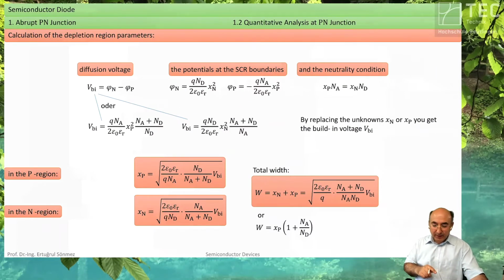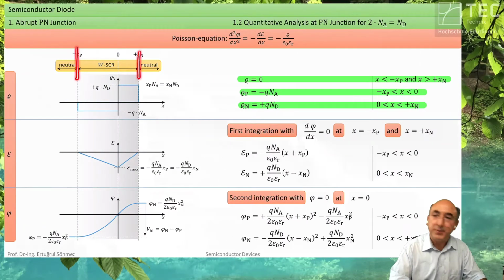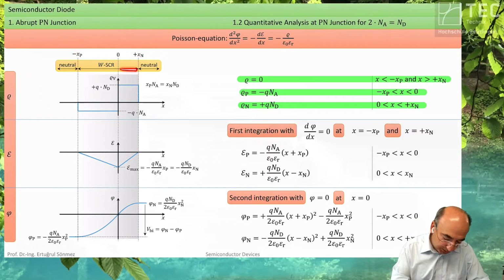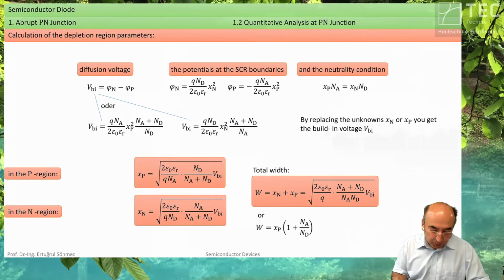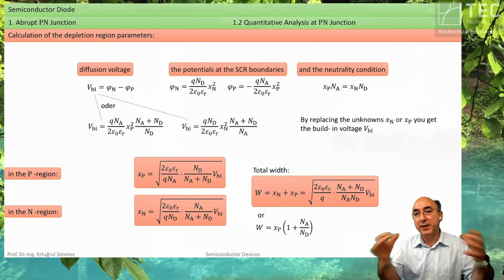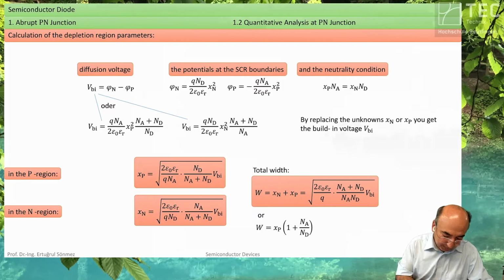Now let's come back to the point where I said we know that the space charge ends somewhere, but we don't know the extent of this space charge region. To be able to calculate this value, we need not very much new stuff. We have to rearrange all the Poisson equations. First, we need to know the built-in voltage.